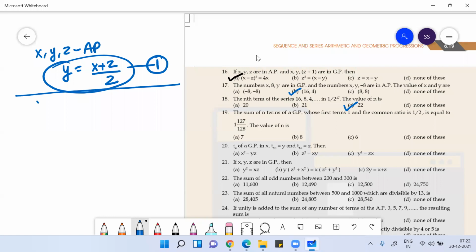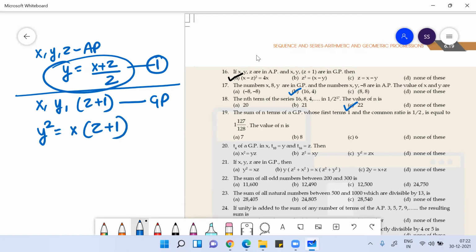It is given that X, Y, and Z plus 1 are in GP, which means Y square is equal to X into (Z plus 1). You know that Y is equal to (X plus Z) by 2. So here I can write ((X plus Z) by 2) whole square is equal to X into (Z plus 1).